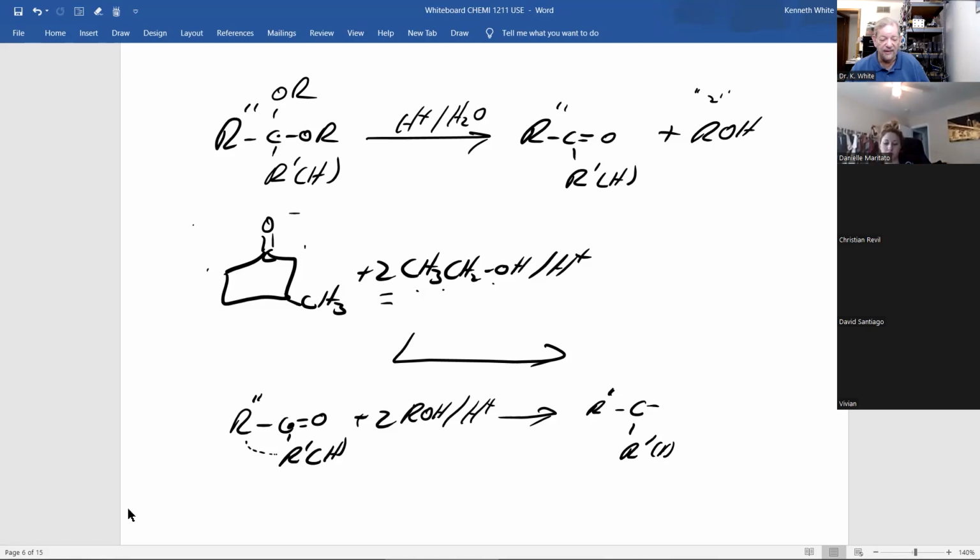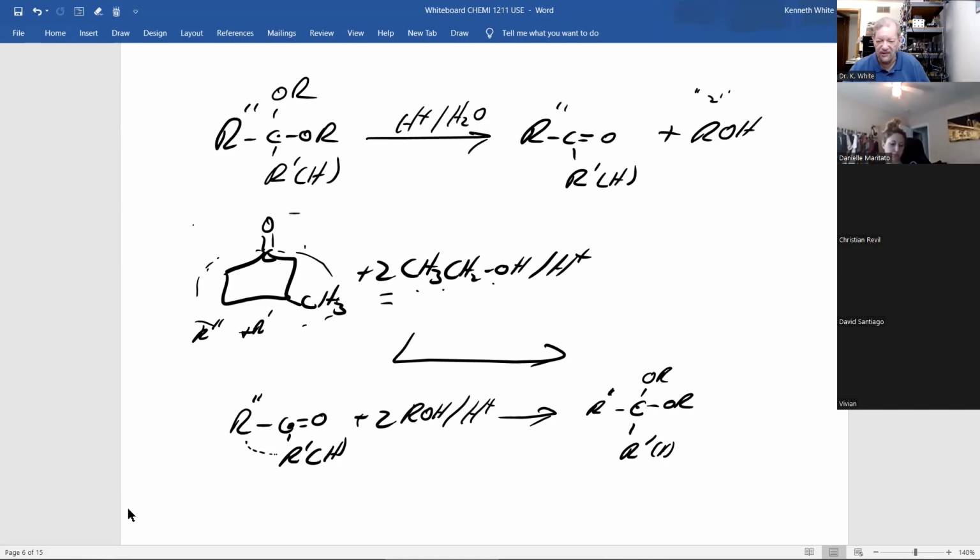And then to the carbonyl carbon, we'll have two OR groups. Now, this whole thing here is my R prime and R double prime.